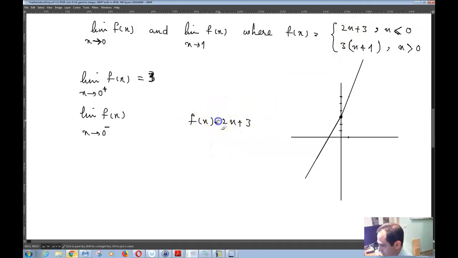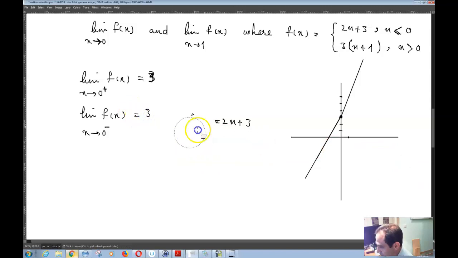And so even though the function is kind of ripped apart at this point, I mean, it changes the slope, the limit still exists at this point, because you see over here f of 0 is equal to 0 plus 3, which is equal to 3.